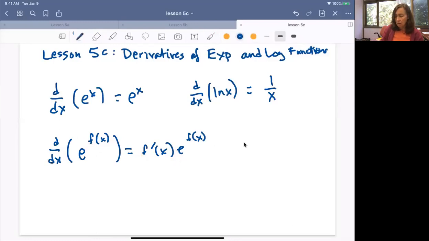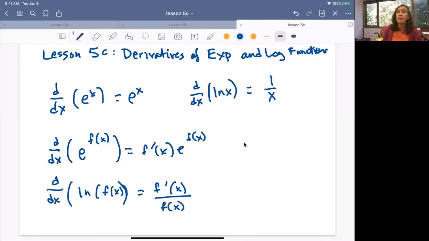And we do the same thing for the derivative with respect to x of log f of x, against the derivative of the inside times the derivative of the outside. Same story. We're taking the log of a thing, we could call it y.